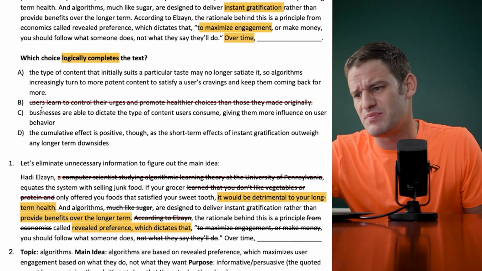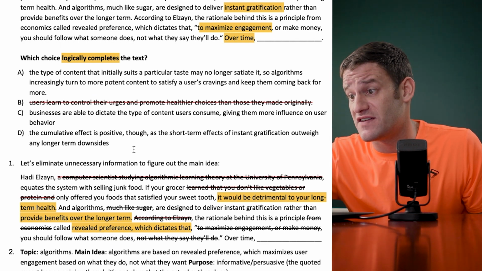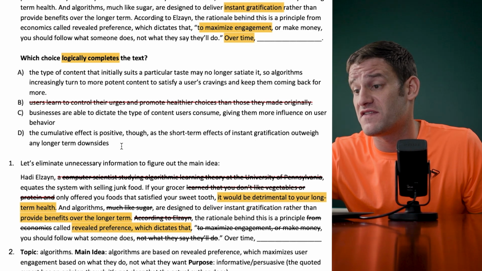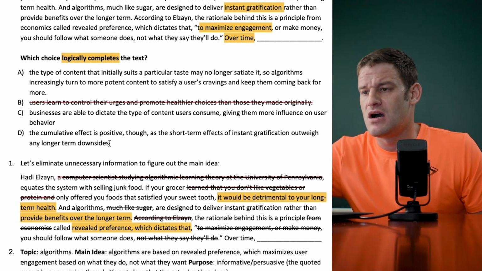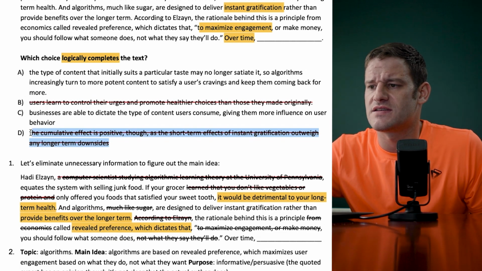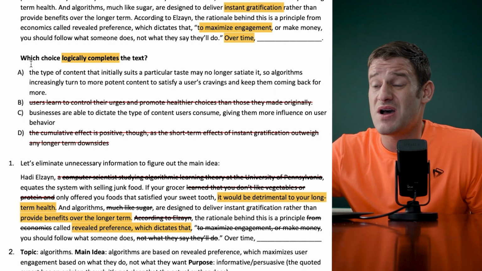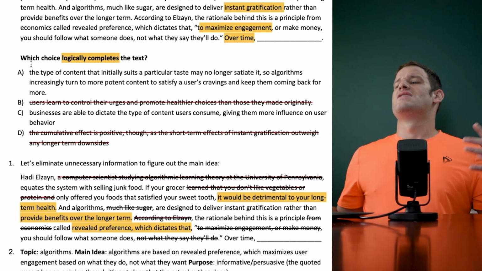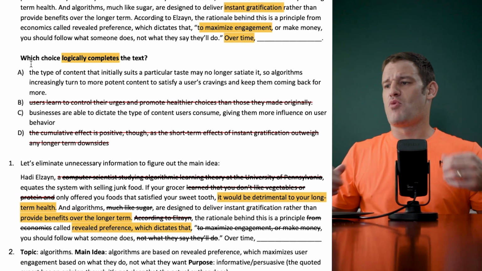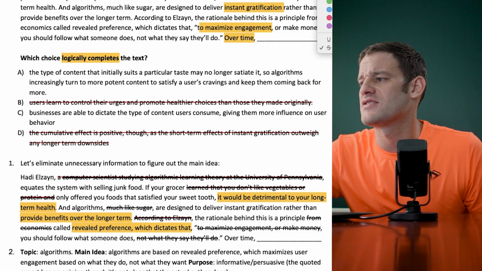I'm not sure if it's correct, but and then D, the cumulative effect is positive, though, as the short-term effects of instant gratification outweigh any long-term downsides. Again, that's going to contradict our main idea of the passage. So, between A and C, A seems much more closely related to this idea of revealed preference, and in fact, yes, A is our correct answer.